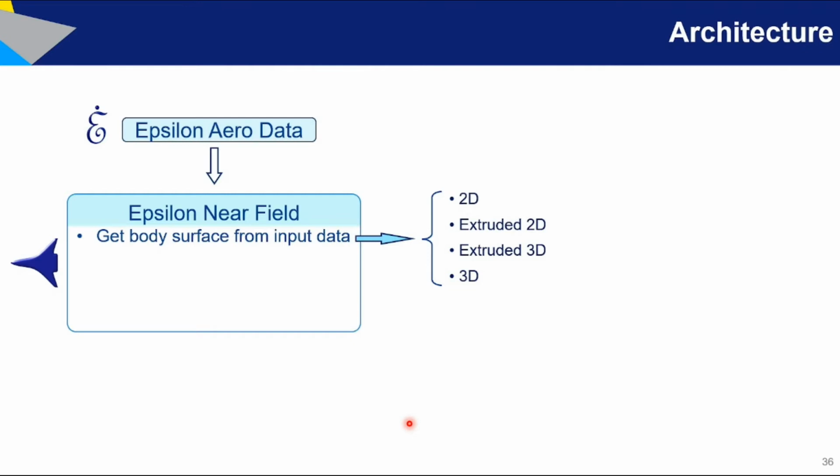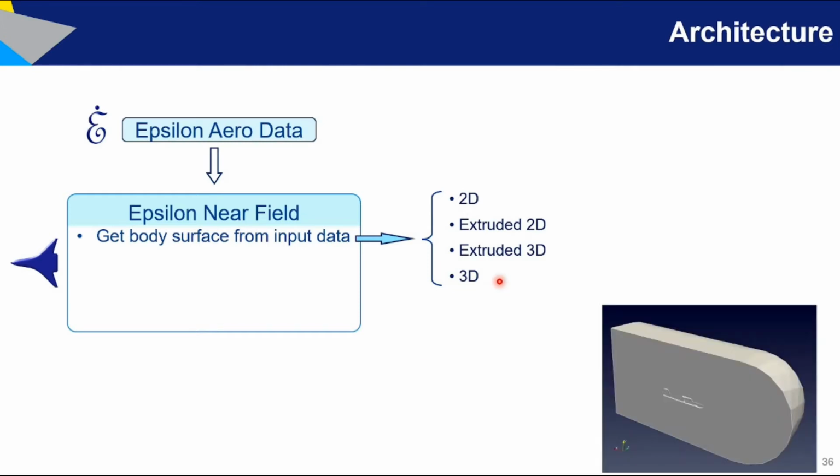And the last case is the most common case for CFD analysis. That's the pure 3D geometries, pure 3D domain. This is just an example of a coarse case of a UAV here. And the operations that we perform in the background are quite simple. First of all, we extract the surface.